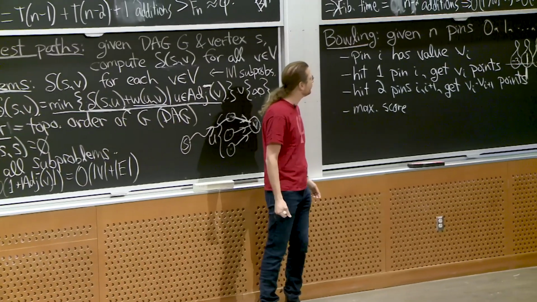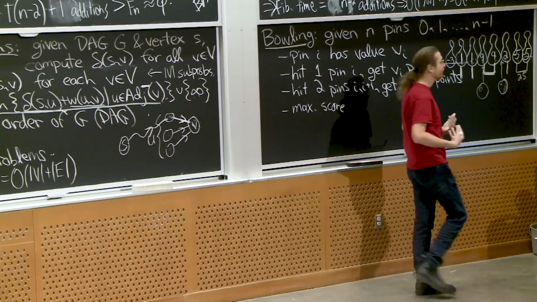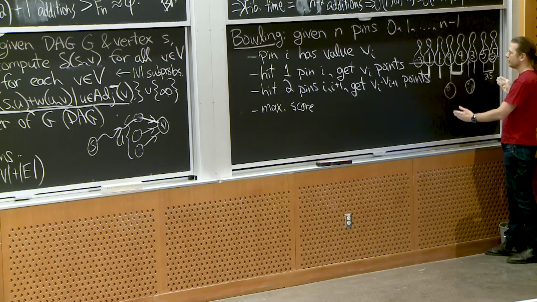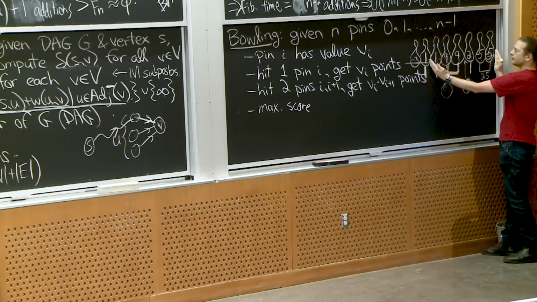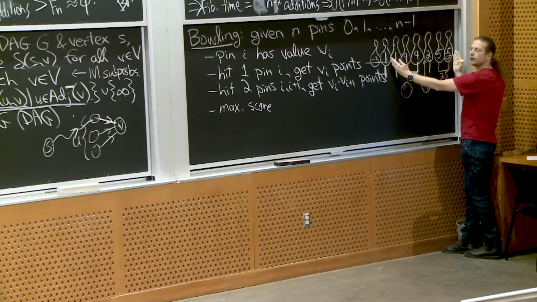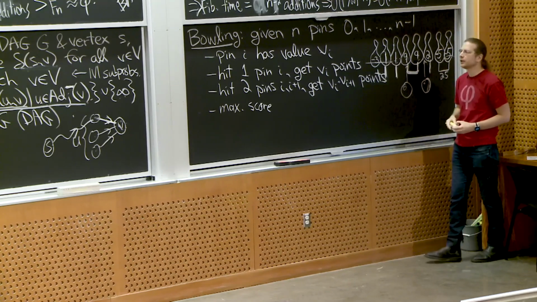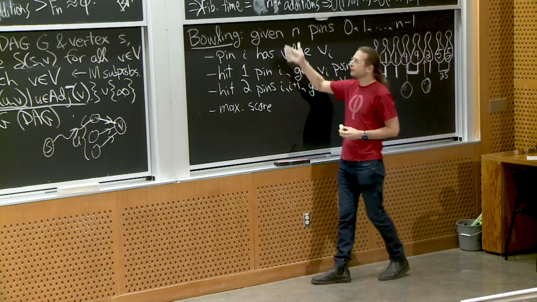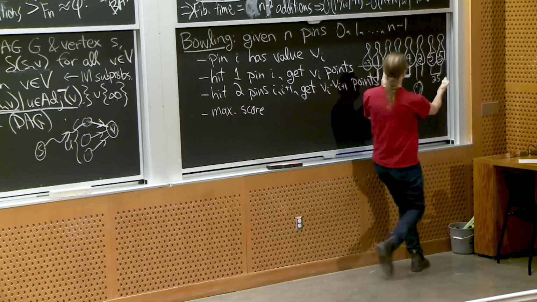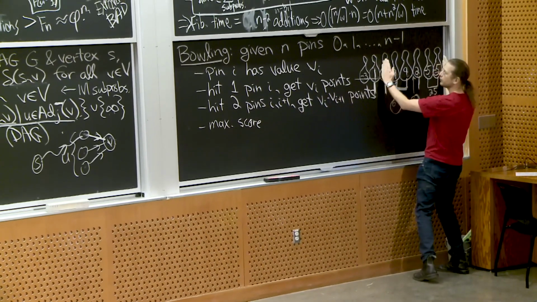I usually prefer suffixes, because I like to work from left to right, from the beginning to the end. So we're going to think of a suffix of the bowling pins. What is the subproblem on a suffix? A natural version is just to solve the original problem, bowling. How do I maximize my score if all I were given were these pins? Suppose the pins to the left of i didn't exist.